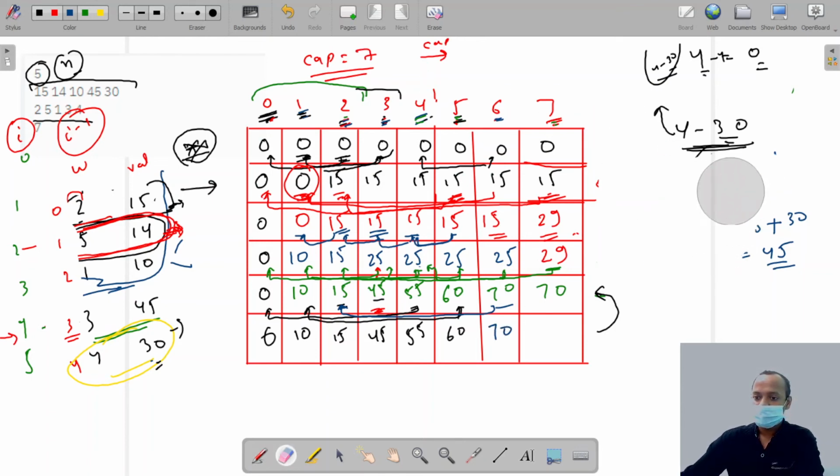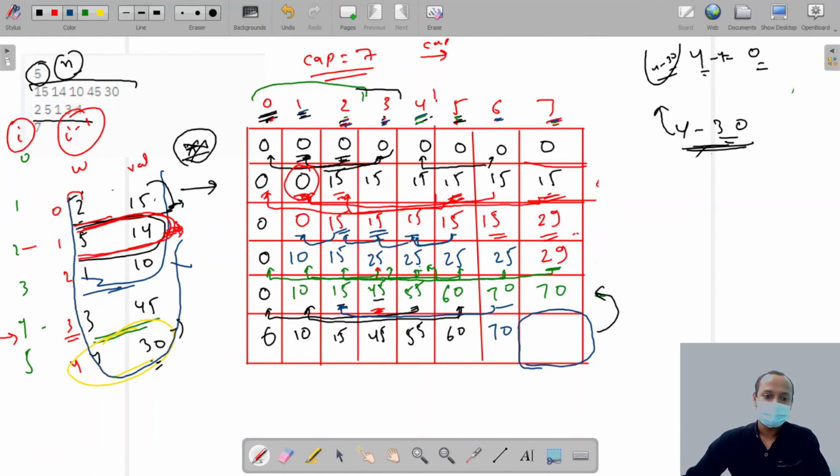Here be very careful. This is our answer also. Because what is the meaning of that cell? It means if we have capacity 7, then what maximum value will we get from all these items. So also let's look here.